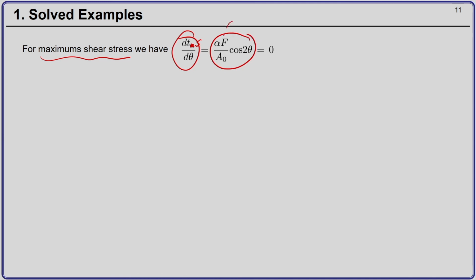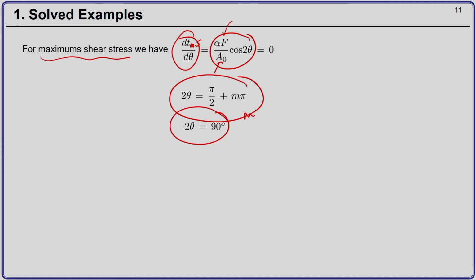Now, alpha is given, F is given, A_0 is given. Therefore, for this to be maximum, cos 2 theta has to be 0, which happens when 2 theta is pi by 2 plus m pi, which means 2 theta is equal to 90 degrees for m equal to 0, or theta is equal to 45 degrees. Okay.